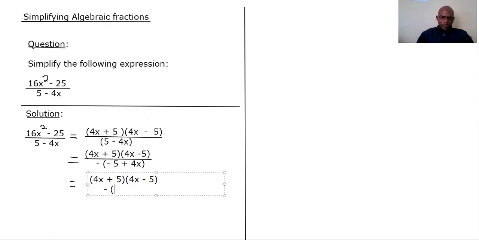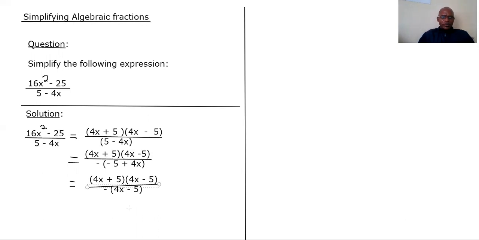I'm going to start by writing the one that is positive now, because in the second factor in the numerator, we are starting with the one which is positive. So I'll start with 4x minus 5.